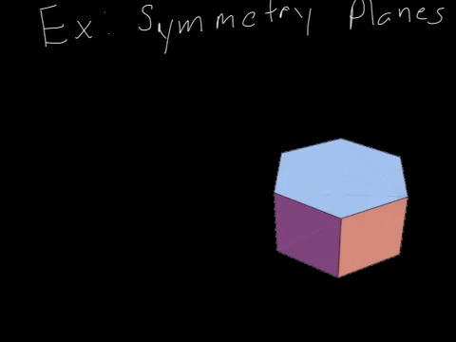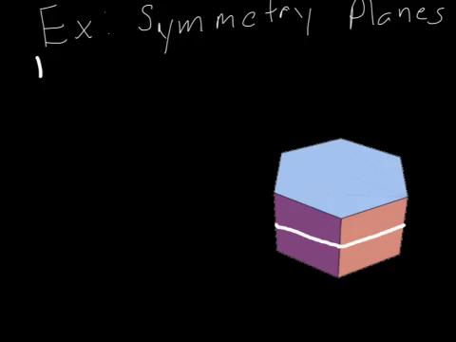Now we're going to do an example of finding the number of symmetry planes for the hexagonal prism. One of the first ones we can look at is the plane that would cut the prism in half this way. So that would give us 1. For these, I won't draw the planes just so I can reduce the number of lines and keep it a little bit simpler.